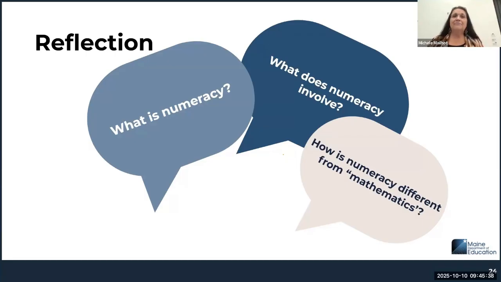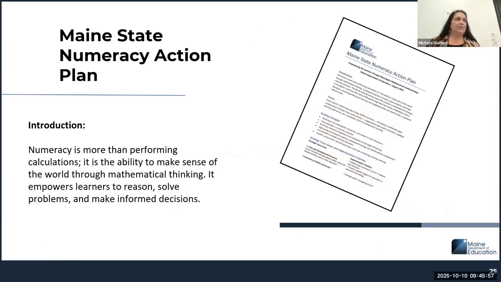Is there anyone that we have missed in the share out? So I wanted to share with you, we have a Maine State Numeracy Action Plan that has just recently been released.